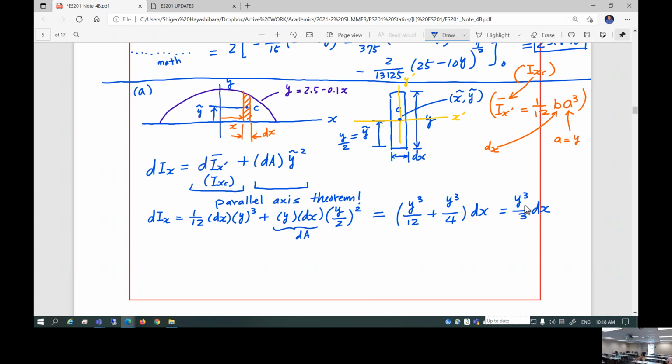Now, y is a function of x. You have to plug in y as a function of x, so y equal to 2.5 minus 0.1x into the y cubed here. So this is 1 over 3, (2.5 minus 0.1x) cubed dx.